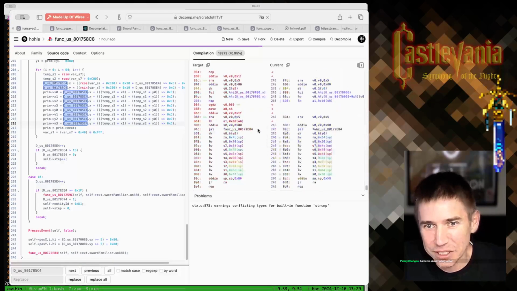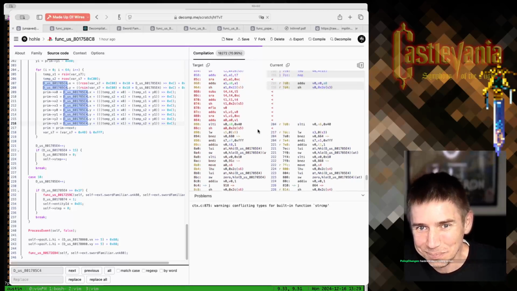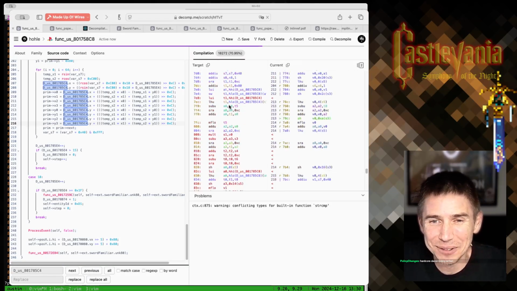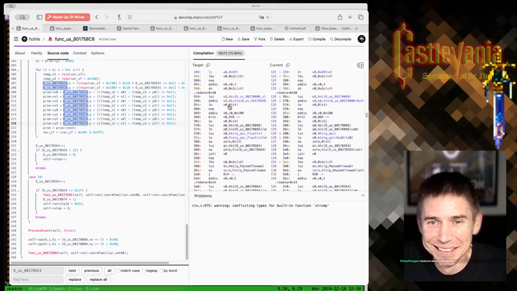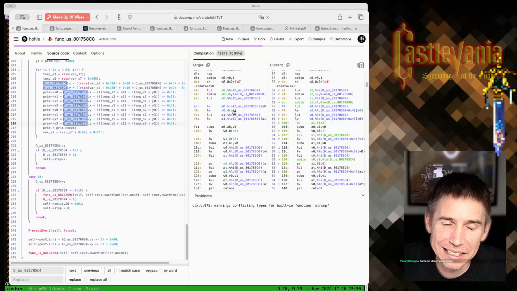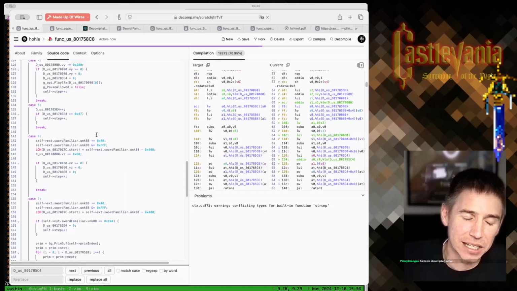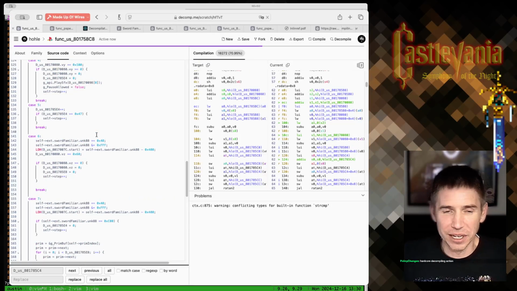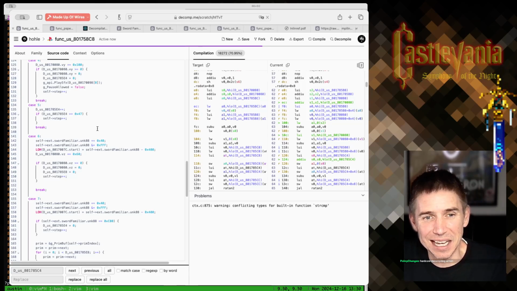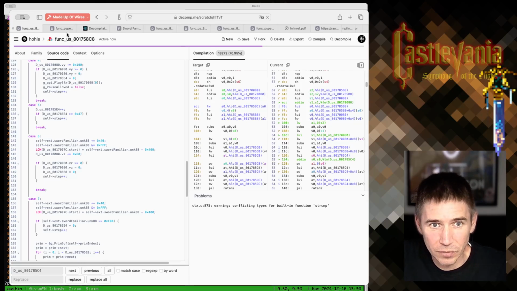Wah wah. So definitely not ideal. What is interesting, I think, and this is a good reminder of what an optimizing compiler does versus a non-optimizing compiler.